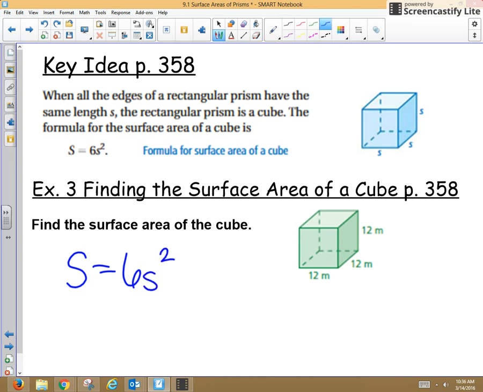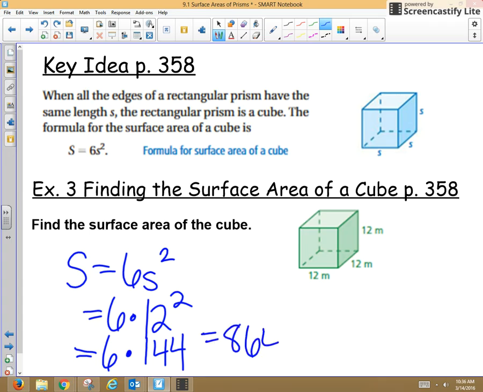Here we have s for the side length as 12. Notice it's a lowercase s. So we're going to multiply 6 times 12 squared. 12 squared is 144. 12 times 12 times 6 will give us our total surface area. When you multiply those together, you get 864 square meters.